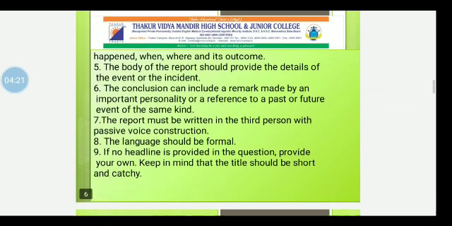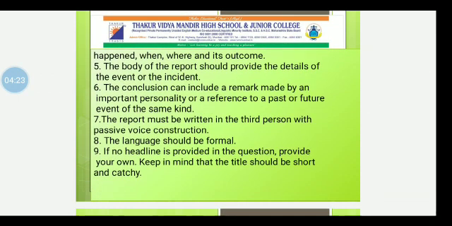The conclusion can include a remark made by an important personality or a reference to a past or future event of the same kind. Now when you write the conclusion, it is summing up of facts. Here you can also include a statement or a quotation of an important personality, okay? Or you can also state an event that had taken place in the past.